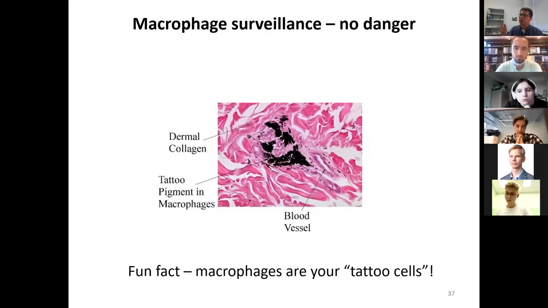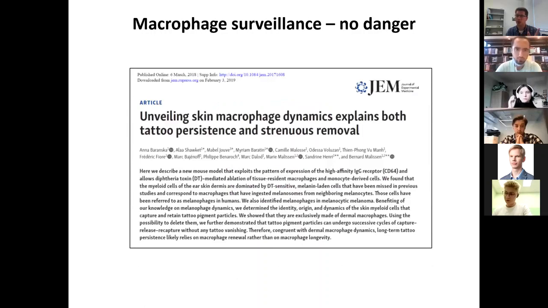The reason tattoo ink stays stable under the skin is because it is phagocytosed by the local tissue resident macrophages. So those are your tattoo cells, and you can color them like this. It's not just an urban legend. There is a legitimate scientific publication discussing tattoo persistence and the role of macrophages.